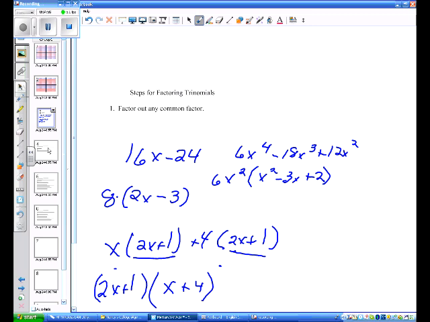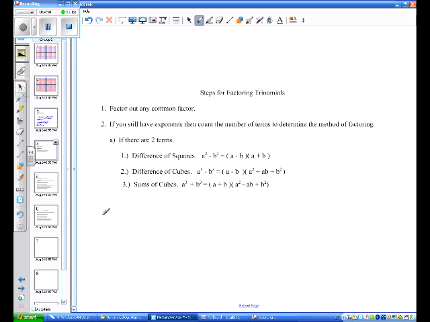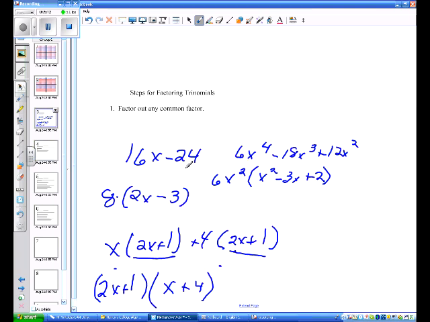Okay, then let's look at the next thing that we would do. After you factor out any common factor, you need to know when to keep going on. Like I said in one of those problems, we had a trinomial that we would still be able to factor.